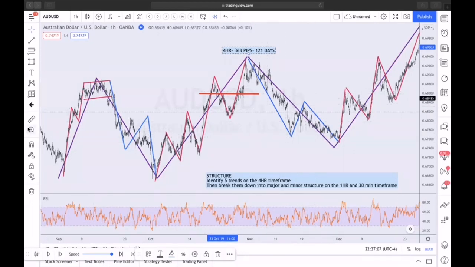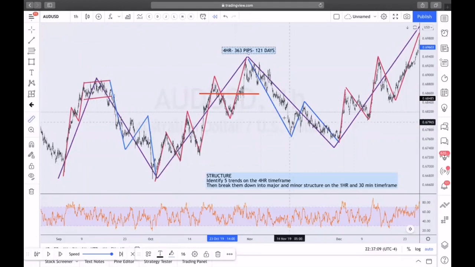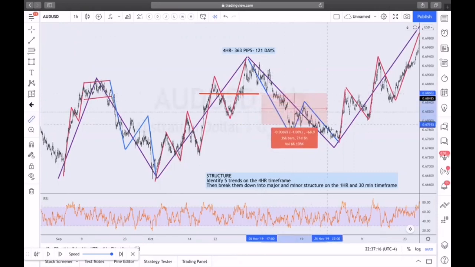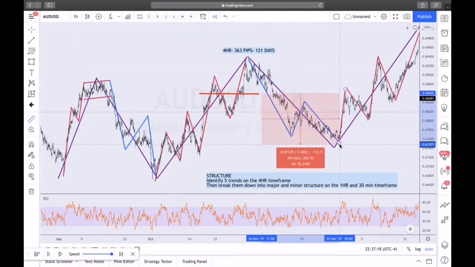Now, when this market goes negative, here we are in 112 pips of drawdown, and it takes 26 days for that to play out.